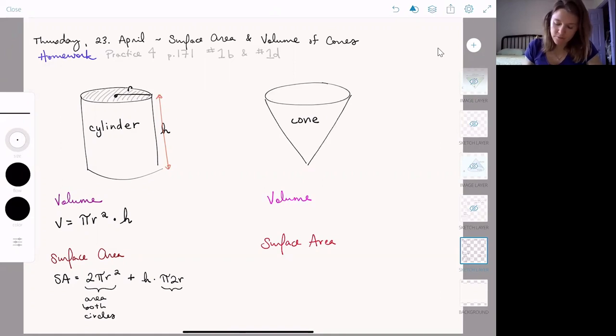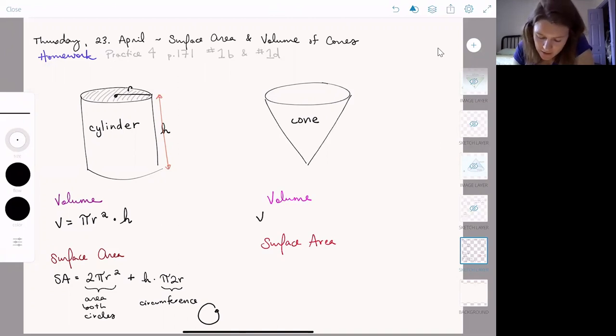Pi 2r, so we know what our height is, that's from top to bottom. Pi 2r is the value of our circumference, right? And the circumference is the distance that it takes to wrap around a circle. So that's the equation for surface area.